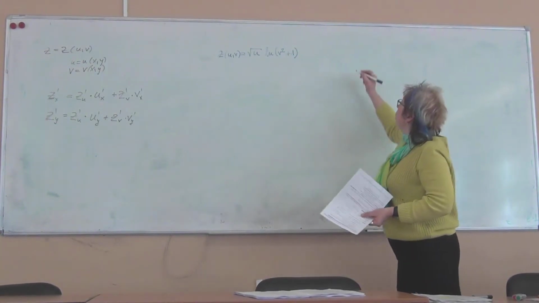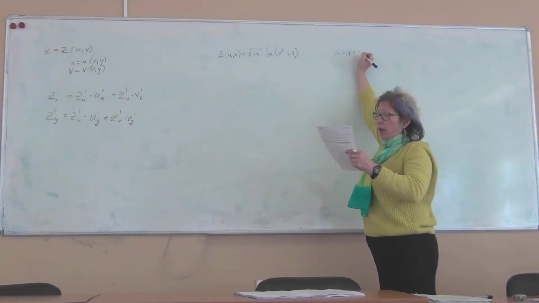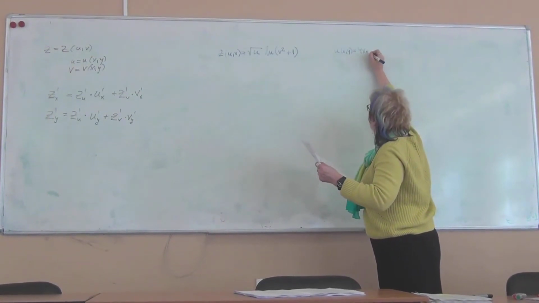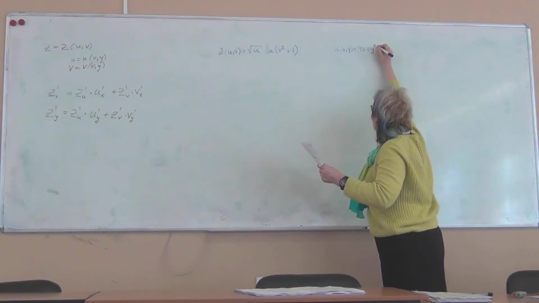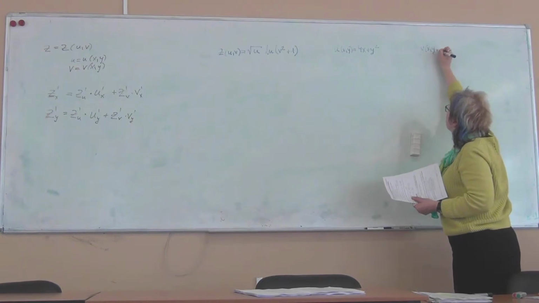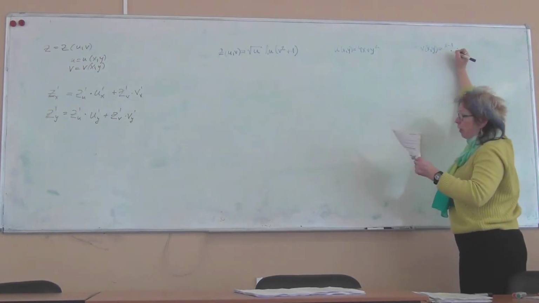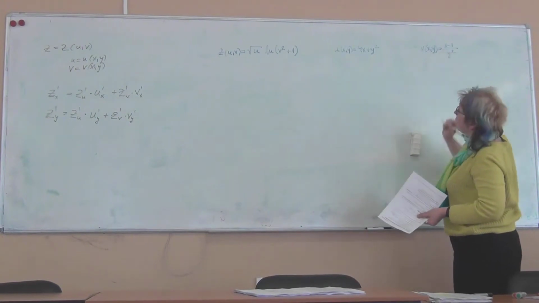And then we have u in terms of x and y written as 4x plus y squared, and then we have the v function also in terms of x and y, which will be, let's say, x minus 1 divided by y squared, like this.